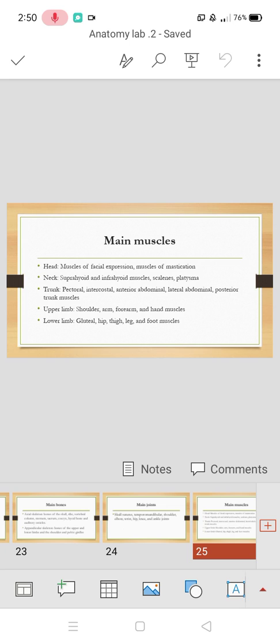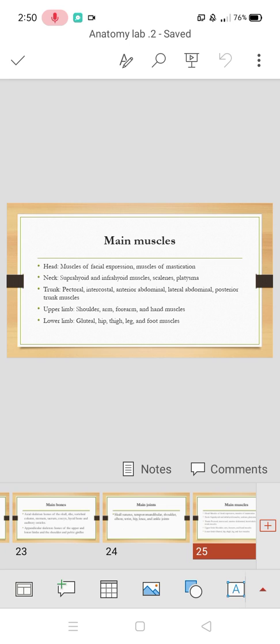These are the main muscles. We have the head: muscles of facial expression, muscles of mastication. Neck: suprahyoid, scalene muscles, platysma.